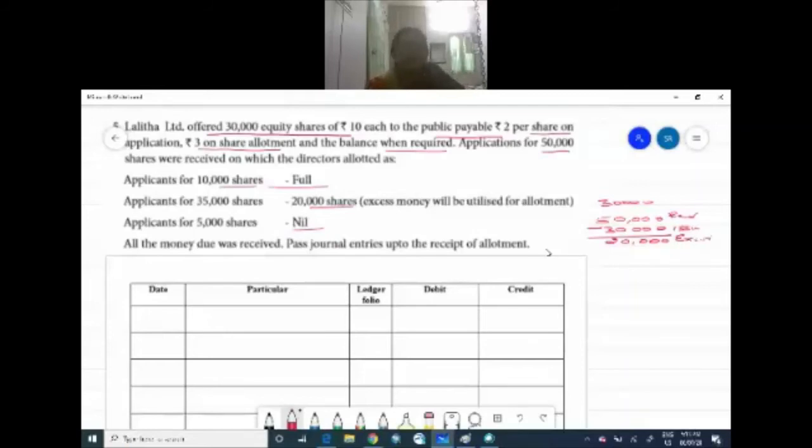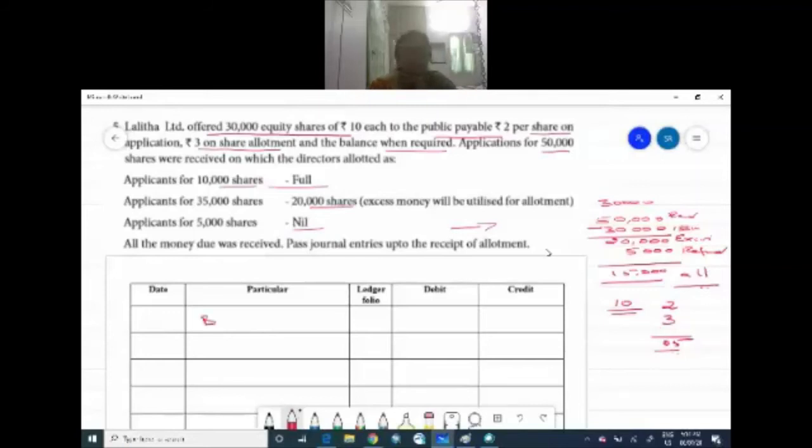For this you're going to return nil. 5,000 you're going to refund. So what is it that you're going to adjust in allotment? You're going to adjust in allotment 15,000. Right. So the company is going to issue at 10 rupees per share. 2 on application, 3 on allotment, and balance when required. So 5 rupees it's calling for. Now shall I go to the journals?